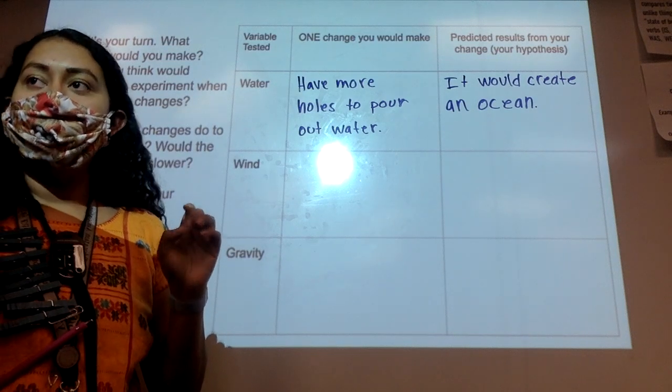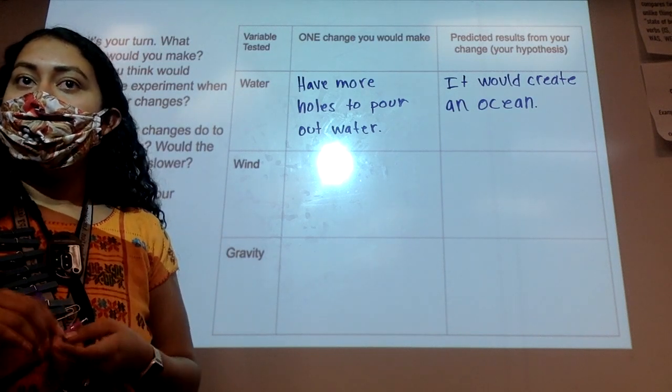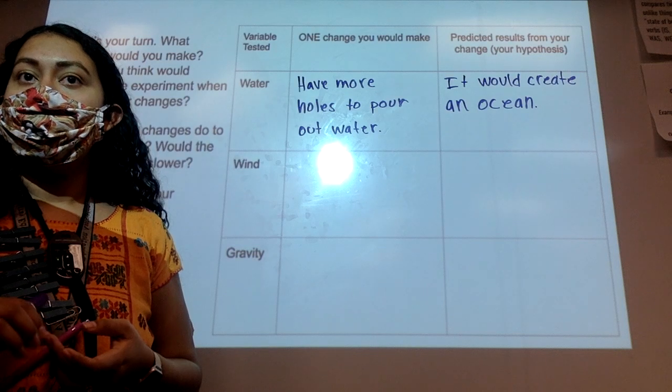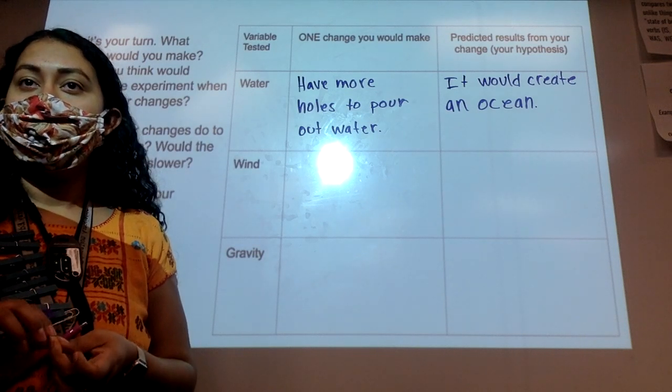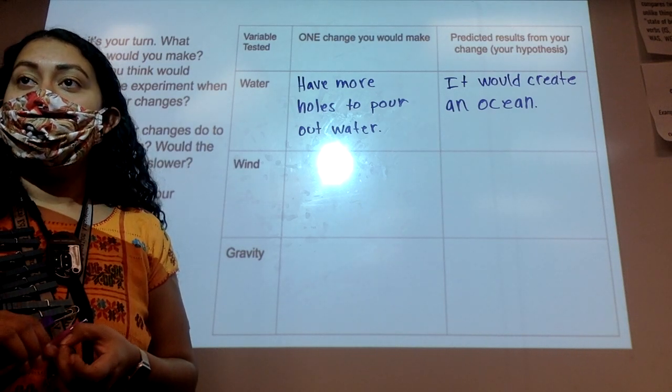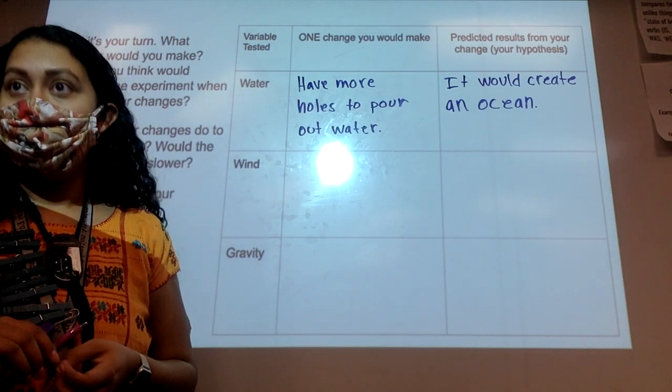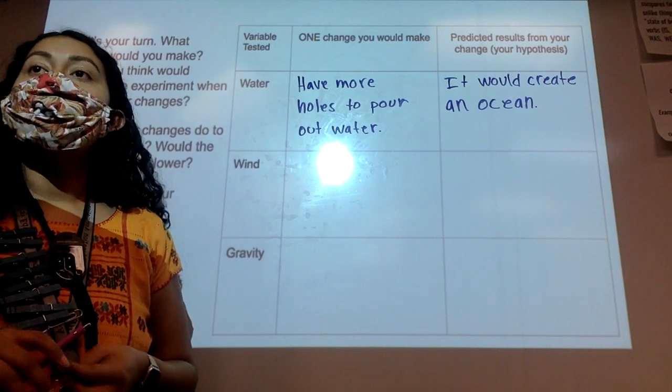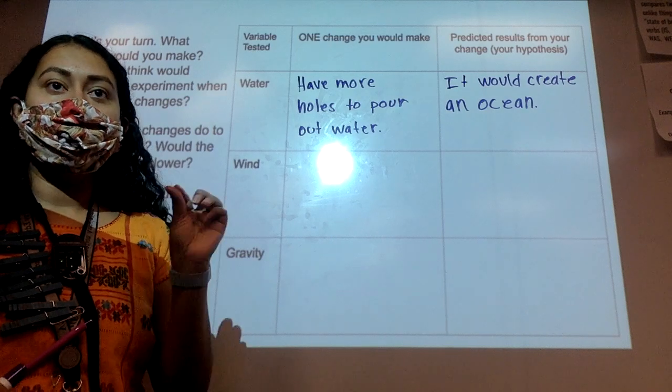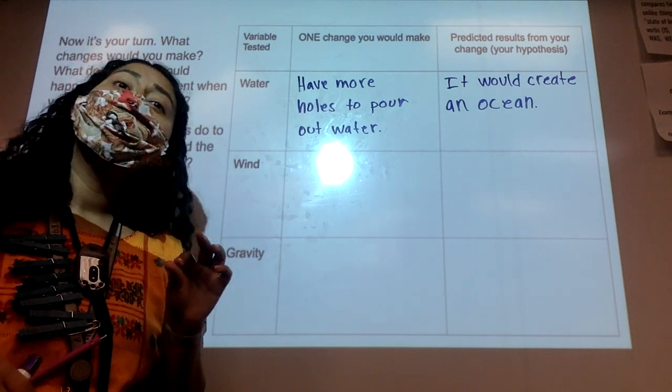Who remembers what happened when we turned on the fan? Almost nothing. The flour was too tightly packed, but the flour is supposed to go in the tray. Okay, so almost nothing happened. There was very little to nothing erosion happening, right?